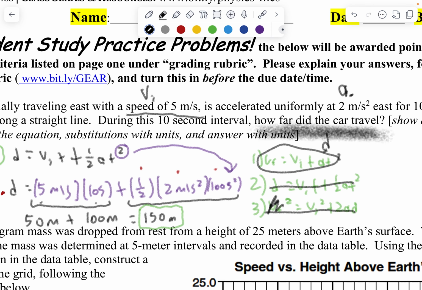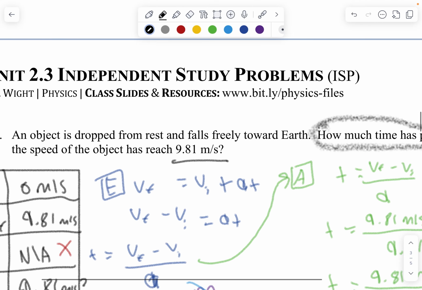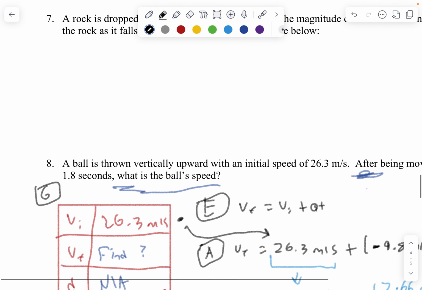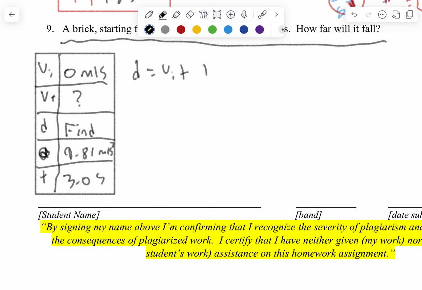Nope. I know it's hard to see. This one has final velocity. Nope. So let's use equation 2. Displacement d equals vi t plus 1/2 a t squared.